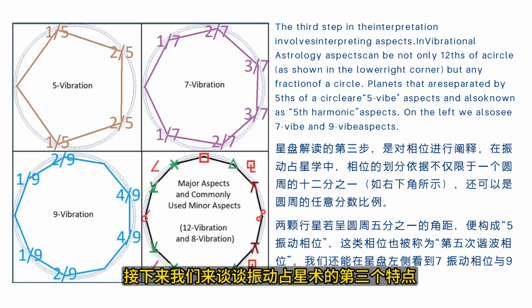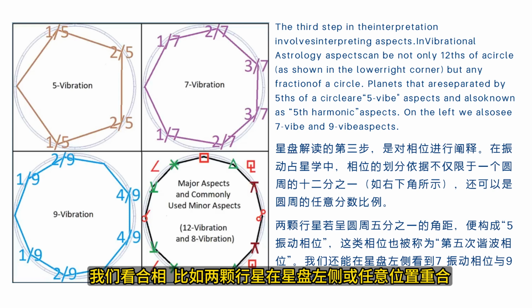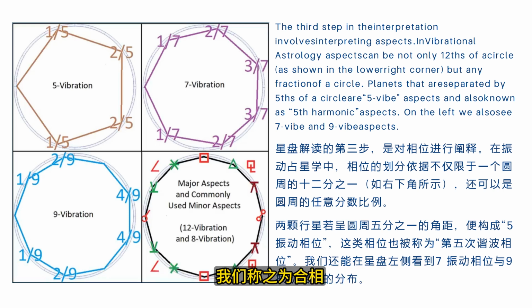Okay, now the third thing about vibrational astrology is we divide the sky into other divisions other than 12. In the lower right corner, I show the major aspects that are common in modern Western astrology and Western astrology in general, also throughout the Middle Ages. So you have the conjunction, like if two planets are on the left side or anywhere in the wheel, we call that conjunct. If one is here on the left and one's at the bottom or the top, they're 90 degrees apart.